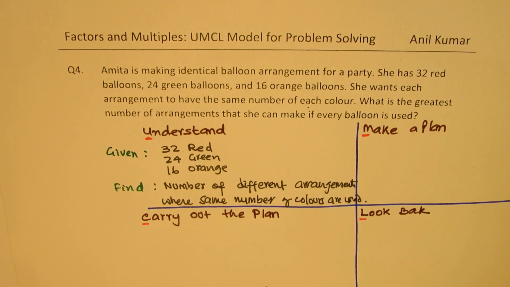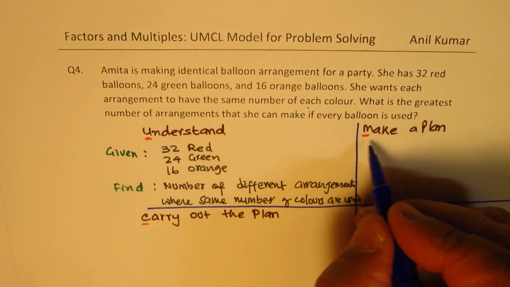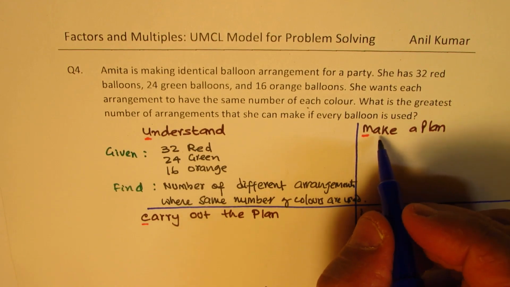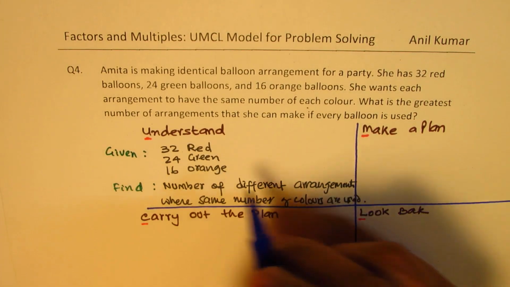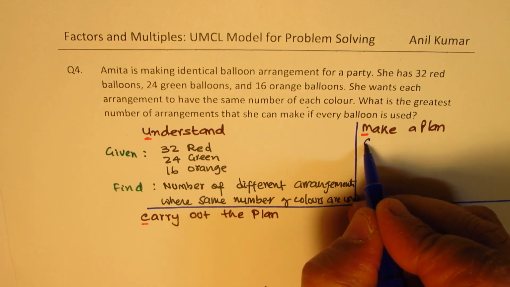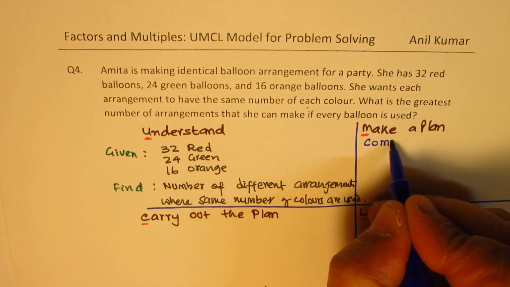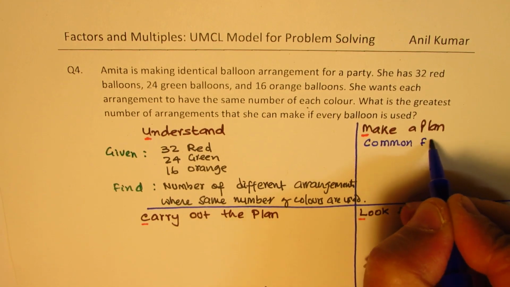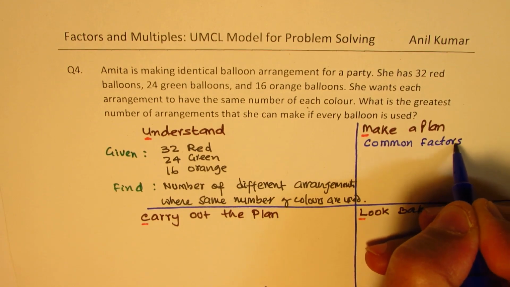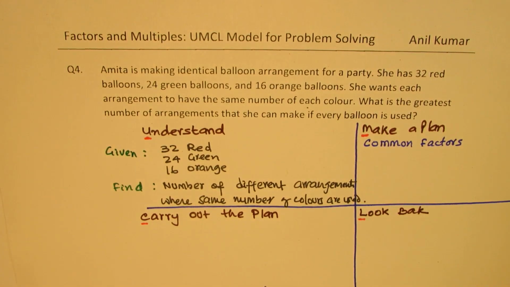Now, how can we go about this? Well, the strategy could be, we know these numbers, so if we find common factors, then we could work it out, correct?